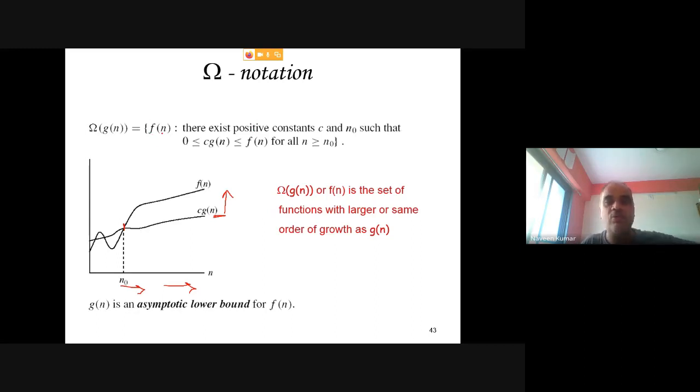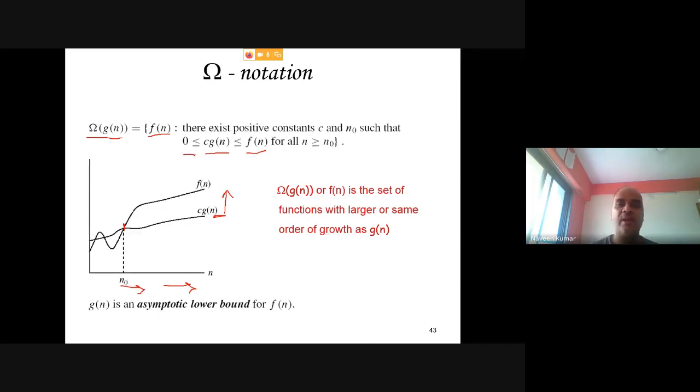In the same way that we defined big O notation, you can define big omega notation like this. Big omega of g(n) says there will be some actual function f(n), if and only if there exist two positive constants c and n0, such that f(n) is always greater than or equal to c into g(n), and it must be greater than or equal to 0.